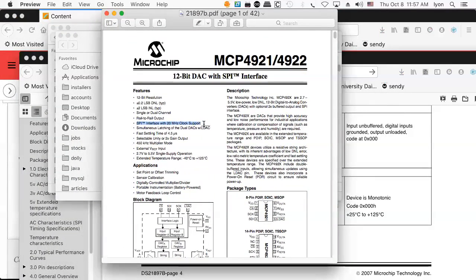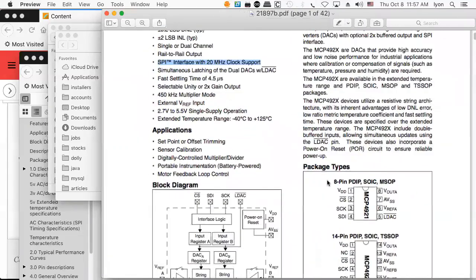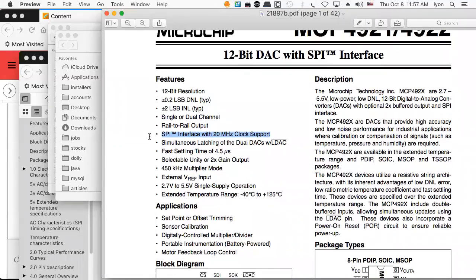SPI interface to 20 megahertz clock input. So you can easily handle the 2 megahertz. In fact, you could handle, in theory, the 8 megahertz if we wanted to go that fast. So that's all there right up front.